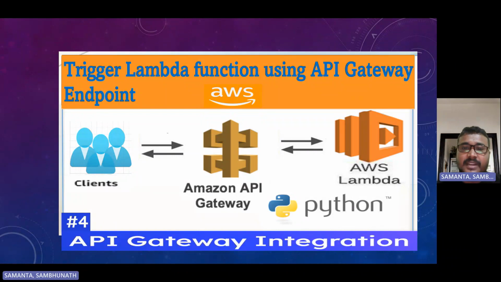By using API Gateway, we can expose our Lambda function as a REST API, and by using that endpoint, we can achieve whatever we need. For that purpose, we can use AWS API Gateway with Lambda. This also I have already demonstrated in my previous video, and I will give this link in the video description.